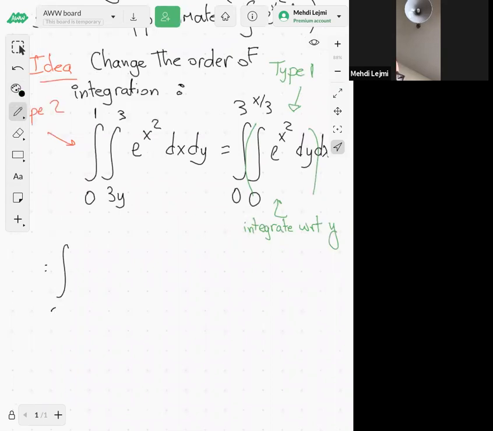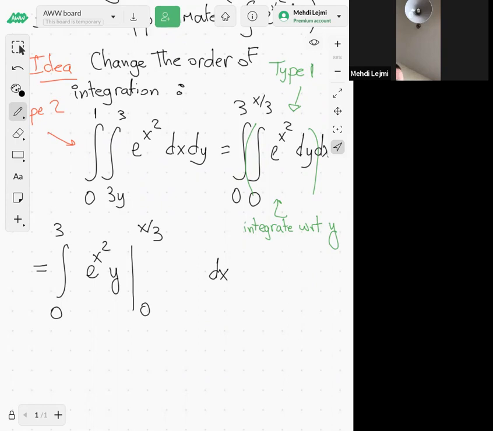So here's the integral from 0 to 3, and you integrate this constant e to the x squared dx. That will be e to the x squared times y, with y between 0 and x over 3. So you see, guys, why this change of order of integration is sometimes useful. Sometimes you can solve your problem easily.